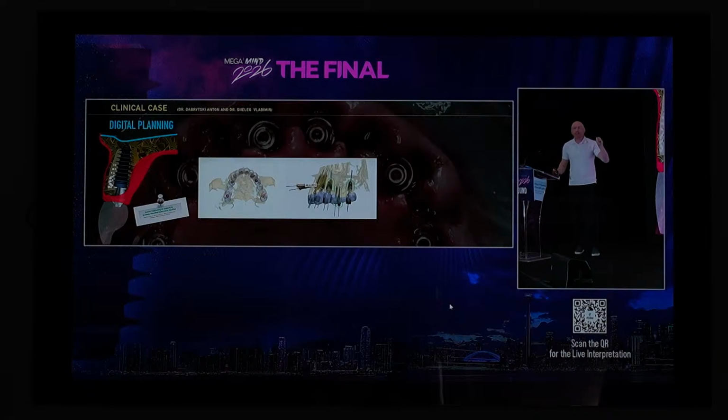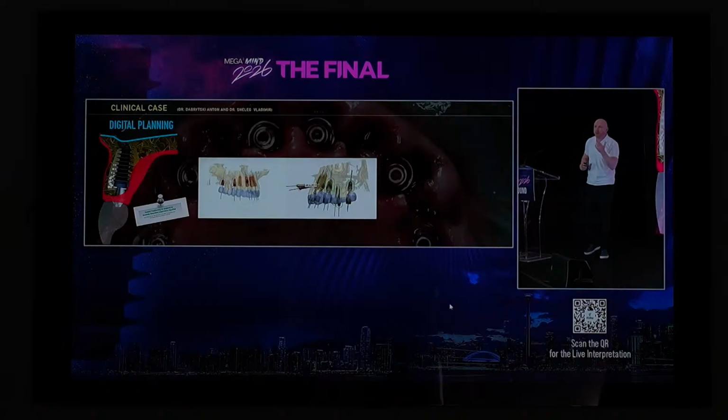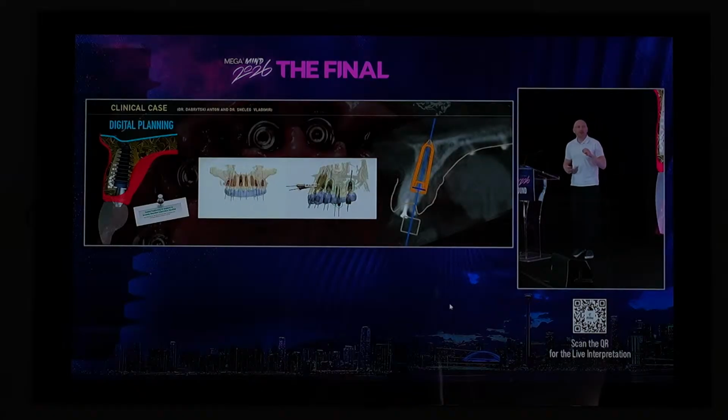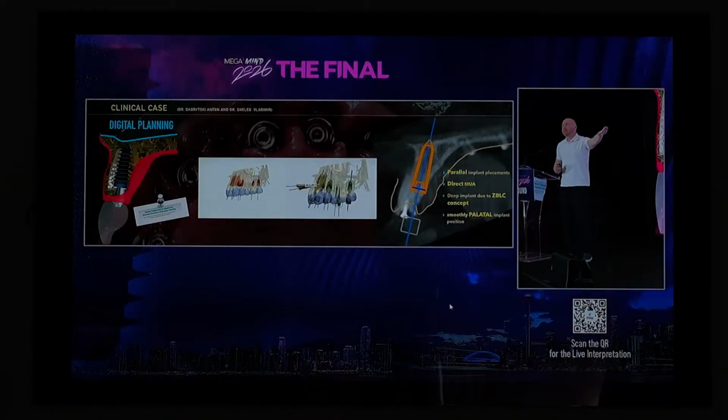So the 6 implants we placed in the front zone of the upper jaw, in the region of first incisors, canines, and first premolars. It is very important to place them slightly palatally to preserve as much alveolar ridge as possible and as much fixed gingiva as possible.